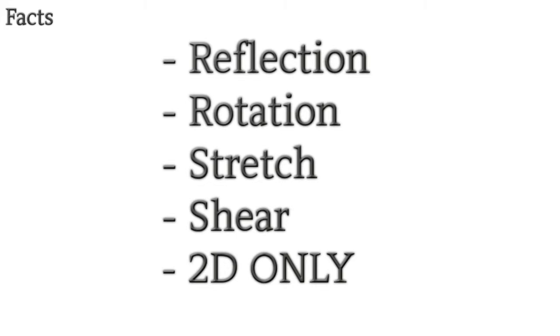We need to learn how to do reflection, rotation, stretching and shearing on a 2D graph. And I'm going to talk about each of them separately just to make sure you understand what you're doing.